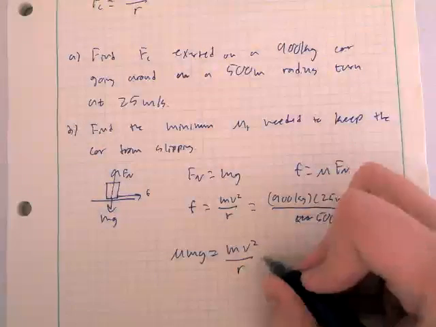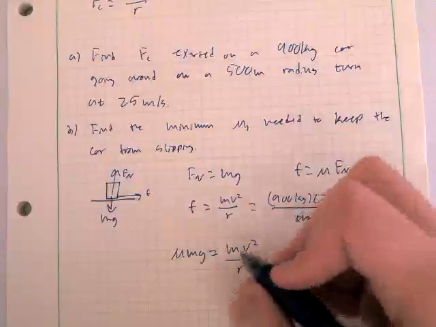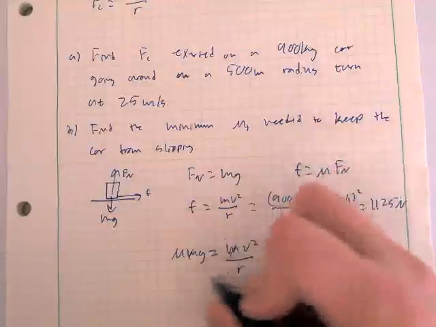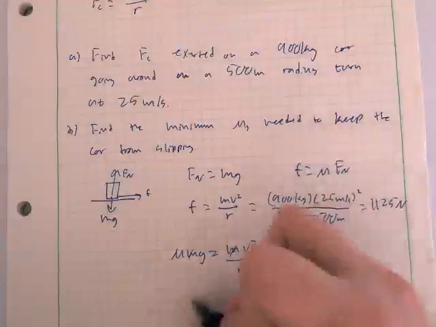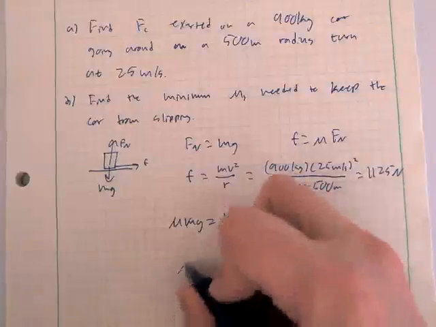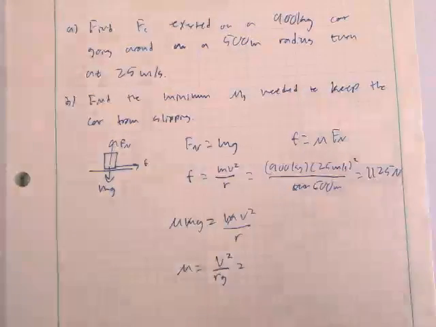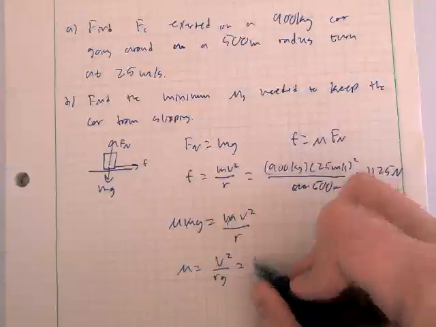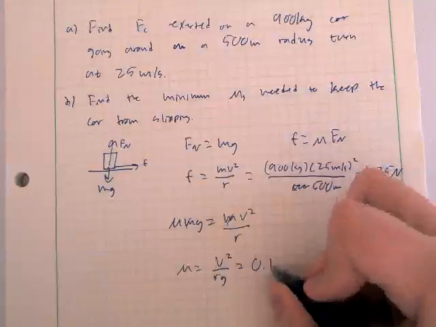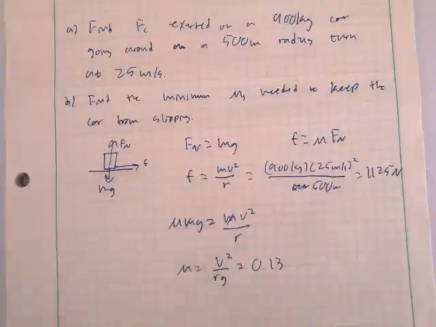And so then our coefficient of static friction would be what? We can cancel out these m's. We can divide by g, and our mu will end up being mu equals v squared over rg. Plug all of those numbers in, and we get a coefficient of static friction of about 0.13.